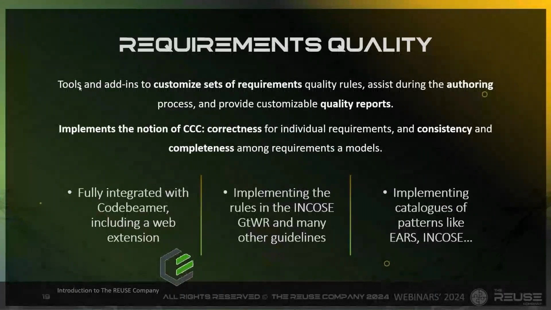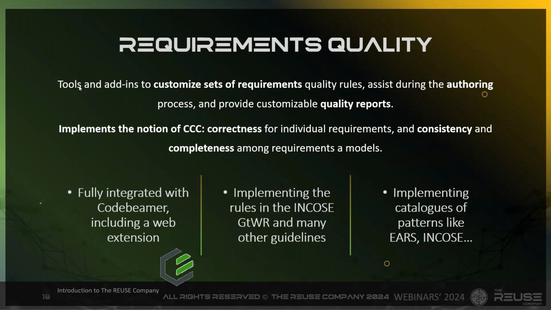So the second topic, changing gear a little bit and coming back to our previous life, let's say, is requirements quality. Perhaps you know us for this and our CCC approach: correctness for the quality of individual requirements, while consistency and completeness are applied to sets of requirements and models.